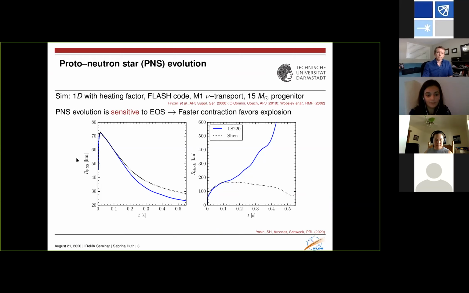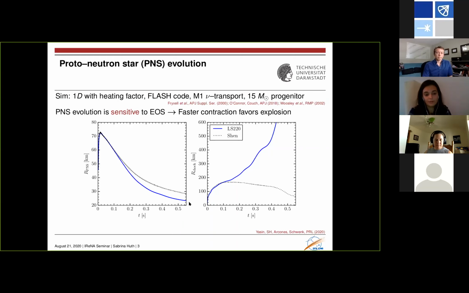On the left, you see the proto-neutron star radius, and on the right is the shock radius. For this, we use two different EOS that are commonly used in supernova simulations: the Lattimer-Swesty EOS, here denoted as LS220, where the 220 just stands for the incompressibility, and the other one is the Shen EOS.